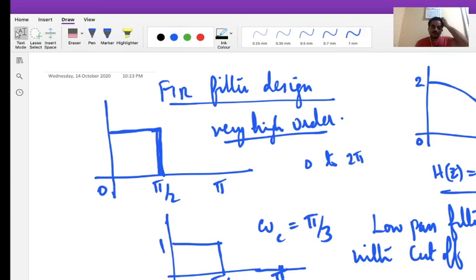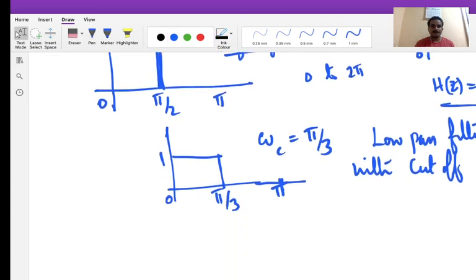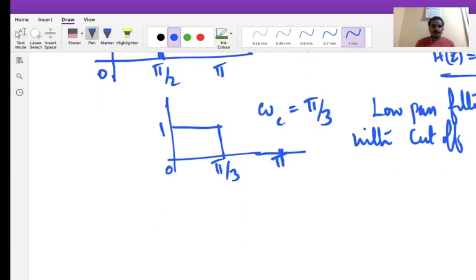Now if you want to design this kind of low pass filter, what you usually do is you will find H_d(omega), which is the desired response. Let's call this desired response H_d(e^{j omega}).